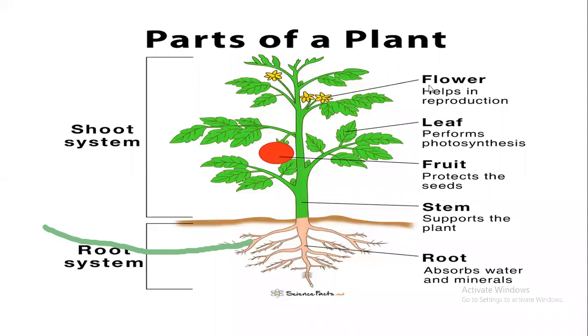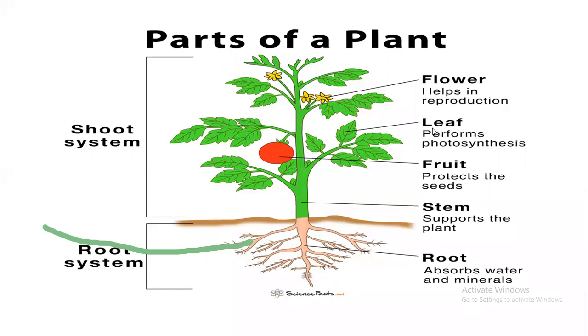The first one is flower. What does a flower do? It helps in reproduction. Before the flower, there is a bud. We have learned in the textbook that before the flower there is a bud. The closed flower is called a bud. The next one is leaf.